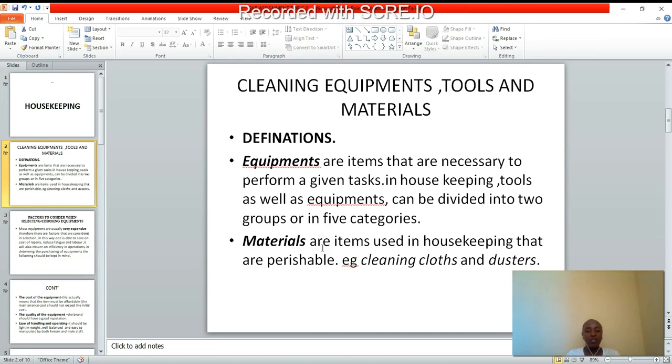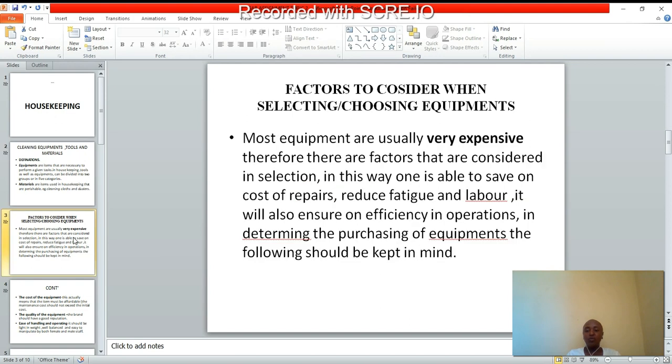When we talk about equipment and materials, we have to do another part that is called purchasing. When we are purchasing, there are factors to consider when selecting or choosing the equipment.